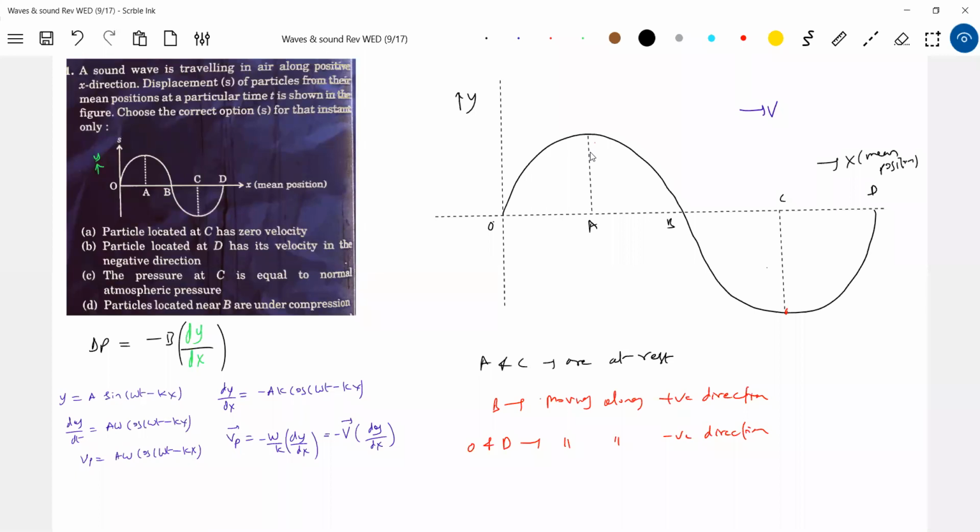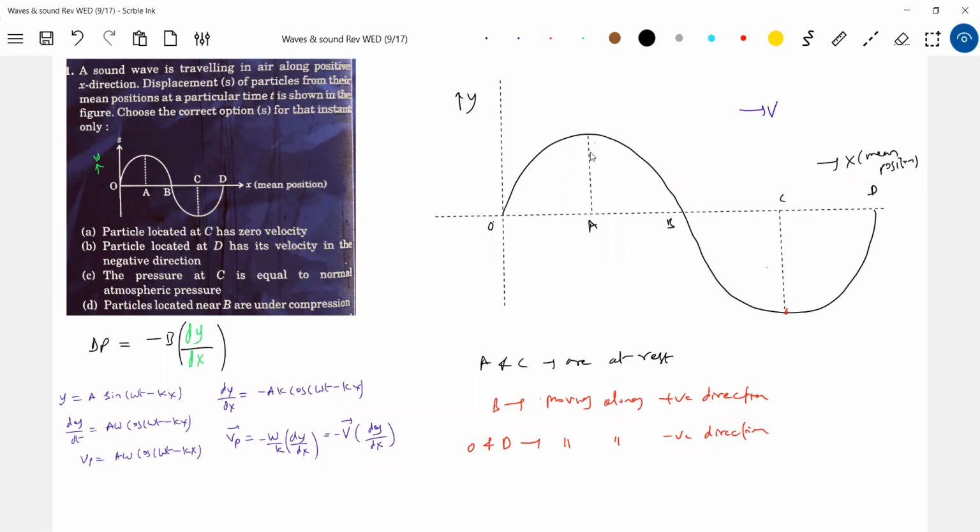Though it's SHM, in wave propagation I think we made some conclusions, no? Otherwise, how will energy transfer occur? Both should be maximum at mean and both should be zero at extreme, even for a sound wave. Like what happened in a traveling wave, the similar thing holds for a sound wave.